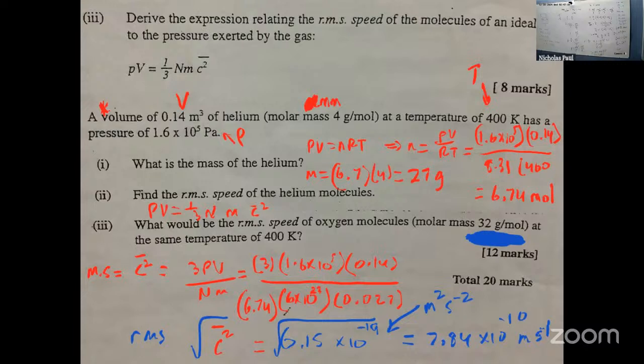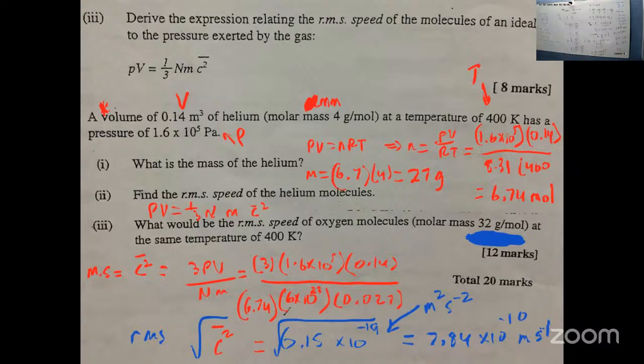Okay. You get area. Why is it 2.7? How much will I get?